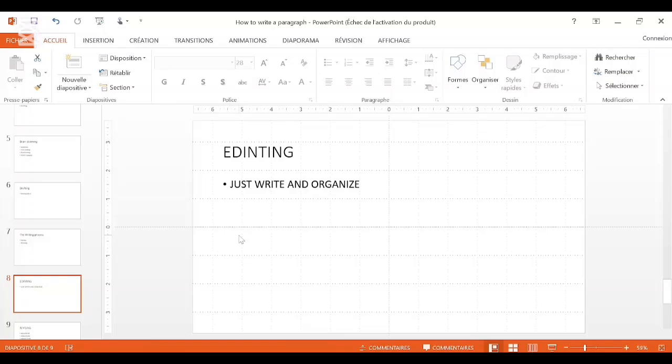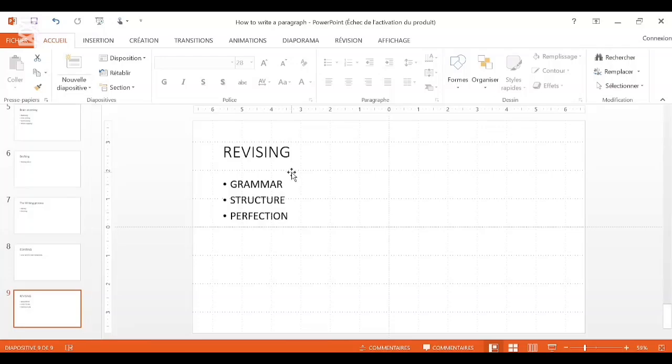You have to start from the less important to the most important. So when editing, it is just writing and organizing. In organizing according to time, the oldest one to the newest one, or according to the importance, the least important to the most important.